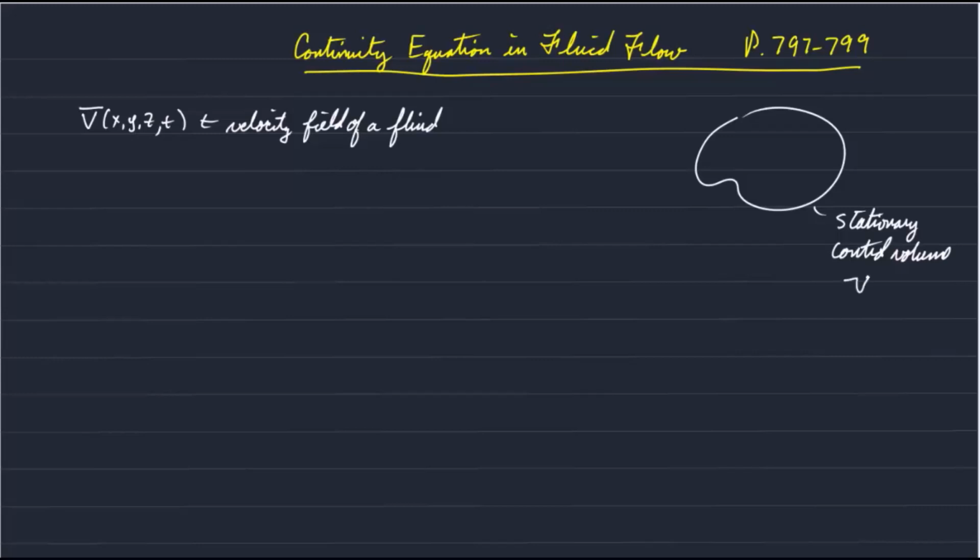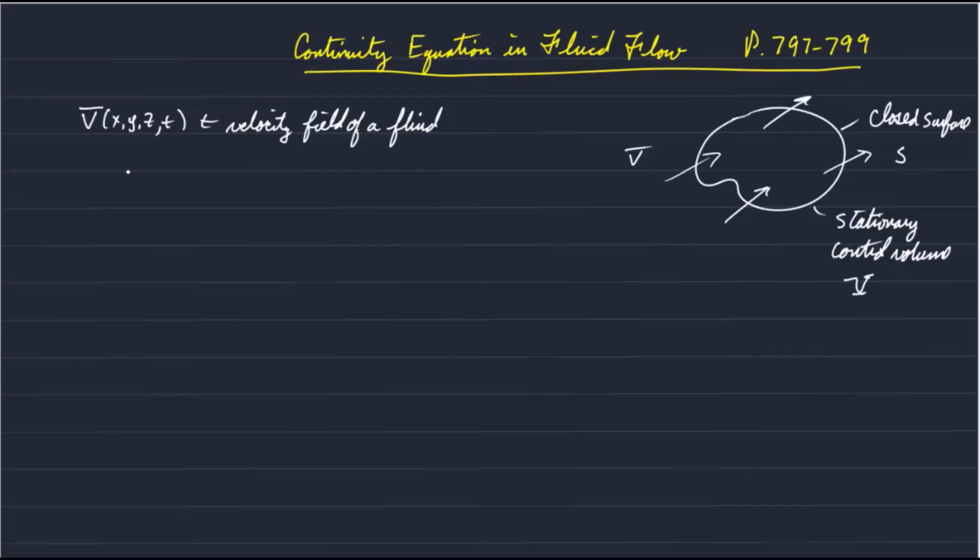It has volume V, and it has a closed surface S. So it's an imaginary volume in space through which the velocity field can flow without interacting with this volume. It's just a perfectly permeable sort of imaginary volume.